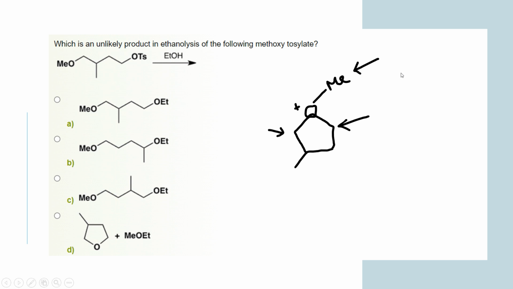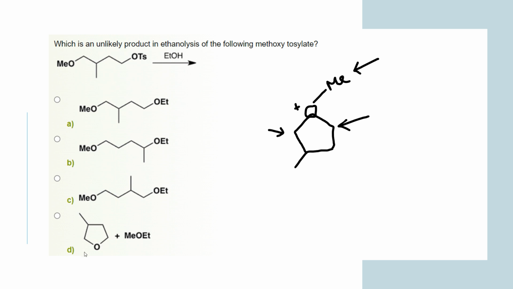The ethoxide can attack at this methyl to break this carbon oxygen bond, and the ethoxide will take out this methyl to give you an ether as a side product. In that case, the oxonium chain, whatever we were getting in the first step, will stay as it is. Just the methyl of methoxy is being taken out by ethoxide. And in that case, you are going to get option D, isn't it?